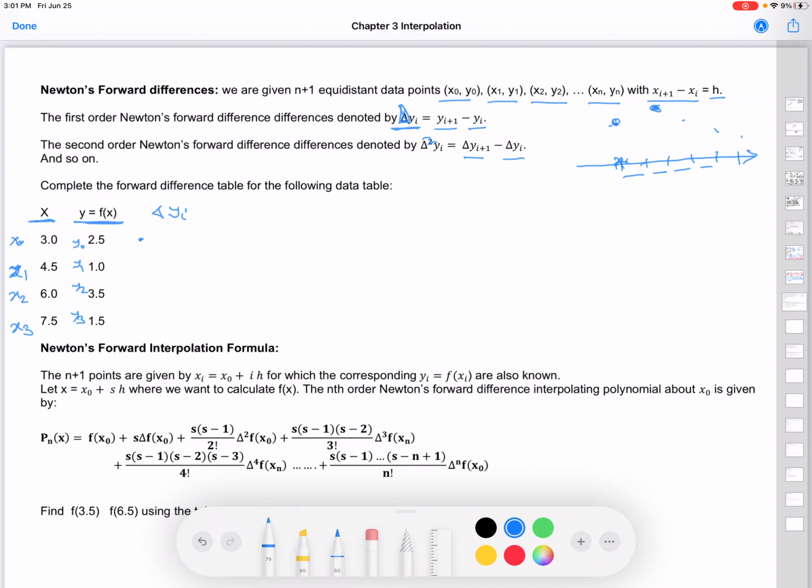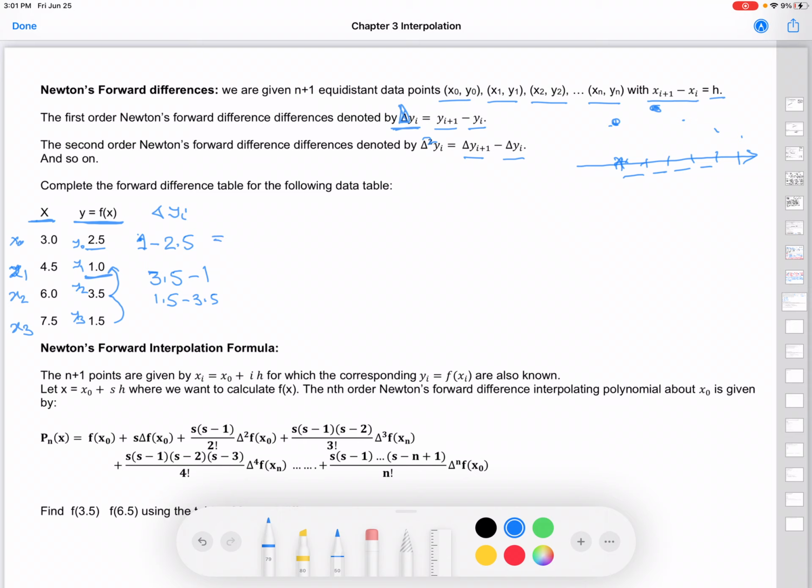At any point, the first order forward difference is the difference between the forwarded value and the current value. So the forwarded value is 1, current value is 2.5. So the first order forward difference is 1 minus 2.5 at this position. Now when we are here, forwarded value minus the current value: 3.5 minus 1, and then 1.5 minus 3.5.